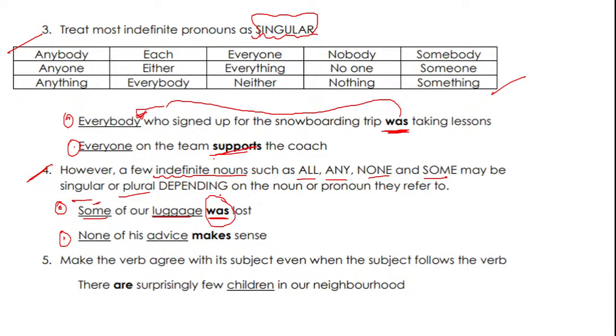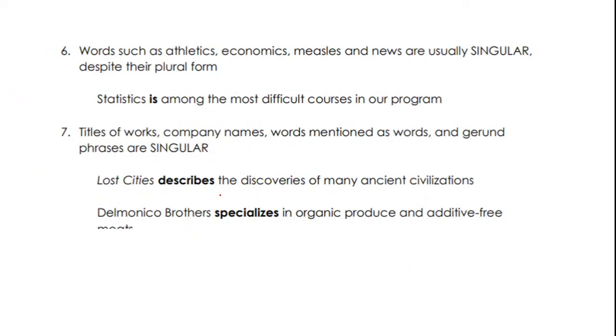The next rule that we have seen was that the verb agrees with the subject even if the subject is following the verb. Even if the subject comes after the verb, that doesn't matter, still the verb should agree with the subject. Next was about a few words that have to be treated as singular despite their plural form.